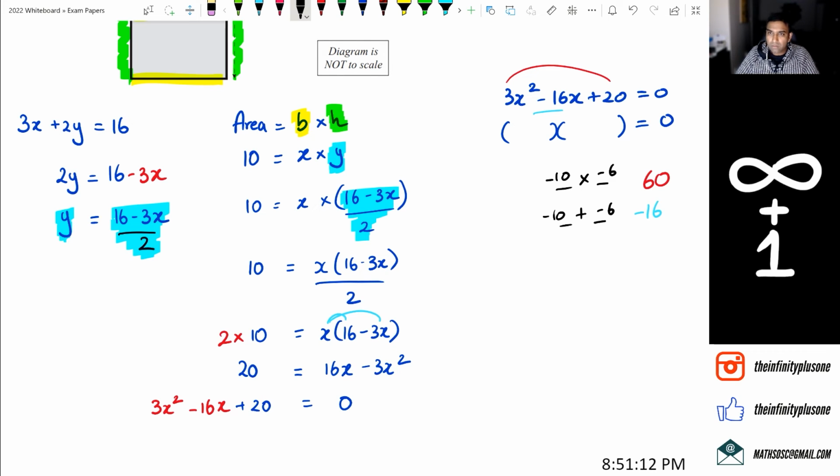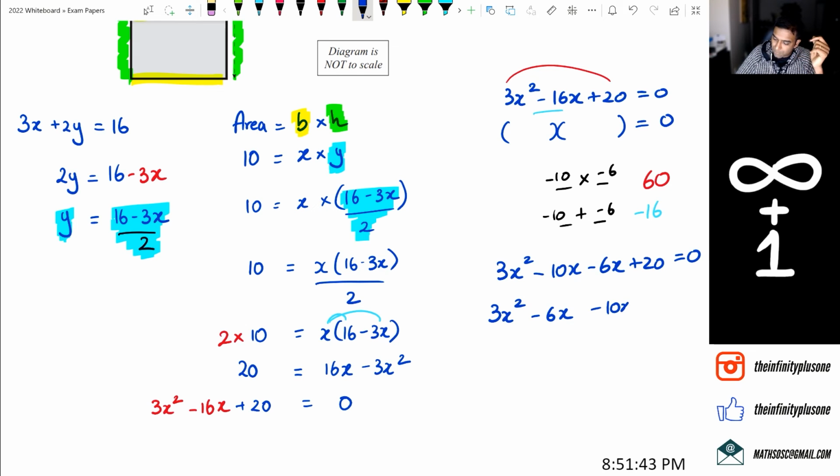Also, I'm going to split this up in this way. You could write it as 3x squared minus 10x minus 6x plus 20 equals 0. But when I look at these numbers, 3 and 10, factorizing it is a bit awkward, but then 3x squared and 6x work. So I'm going to rewrite it like this: 3x squared minus 6x minus 10x plus 20 equals 0.